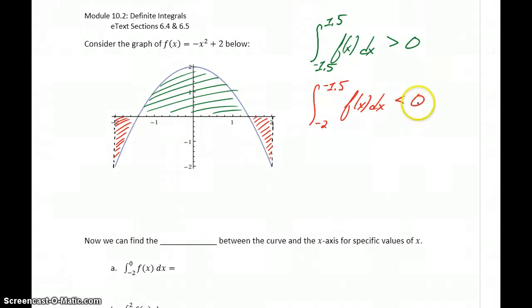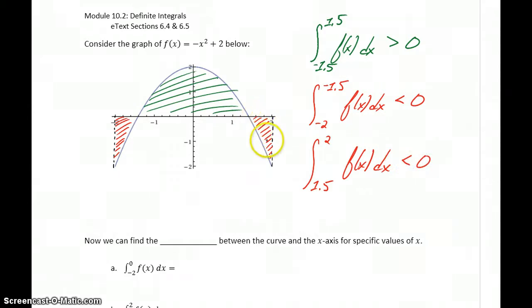So the result of that definite integral, whatever number we come up with, would have to be negative since this area is below the x-axis. And if we looked at the integral from 1.5 to 2, that value is also going to end up being less than 0 because that area is contained completely below the x-axis.